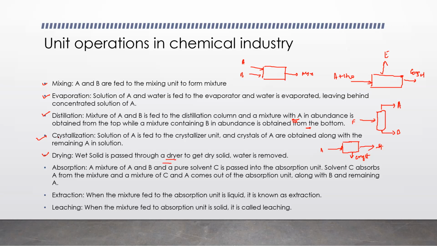Then we have absorption. Absorption is again a separation process. Here, a mixture of A and B and a pure solvent C are passed into the absorption unit. So if this is my absorption unit, then I have a mixture of A and B, and I have a pure solvent C. Now the solvent C is such that as soon as it comes in contact with A and B, it will absorb A. So here you get A plus C, and here you get whatever B you have plus whatever A is remaining.